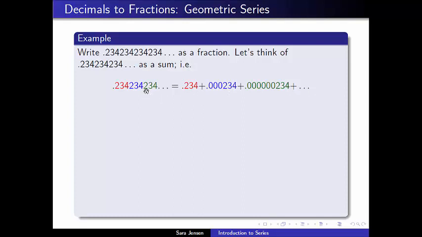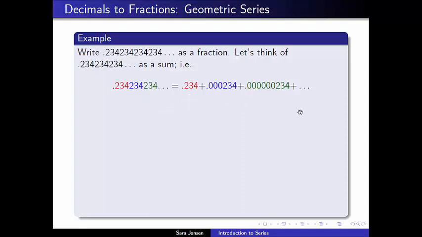Similarly, if we want to access just the green 234 in this process, we'll put zeros for each of the digits in the red and blue parts of the decimal, then have our 234, and leave everything else in that repeating fraction for the next term in the sum. So we're going to represent this decimal as the sum of these decimals.